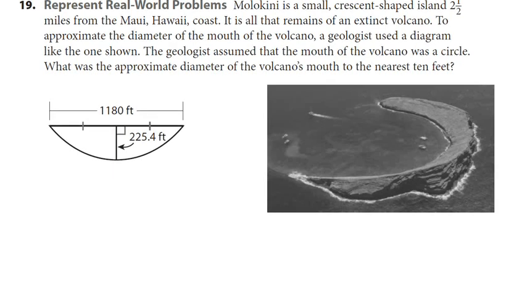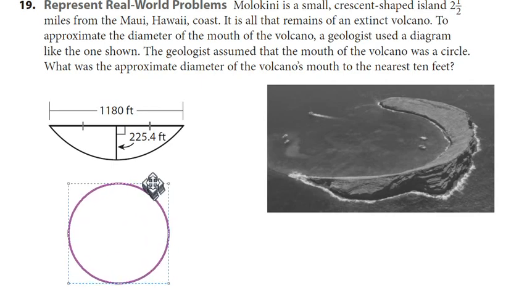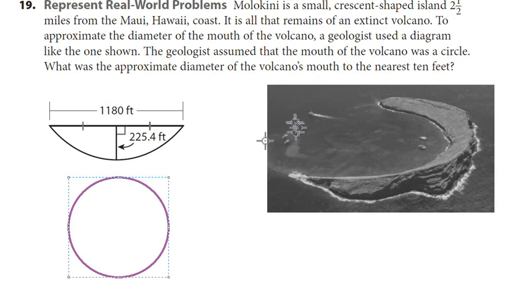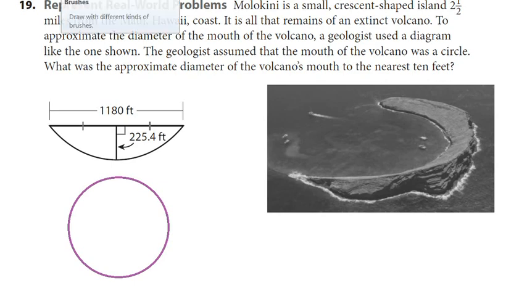So here's what I'm going to go with. First of all, we know we're dealing with a circle. So let's put a circle here. I'm going to move this a little bit, get it up here a little closer. Alright, so there is my circle. Let's draw the diagram here.